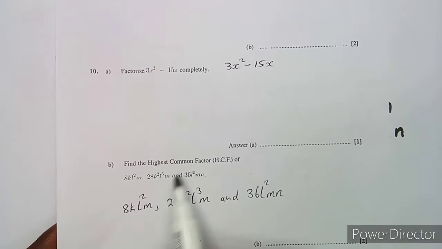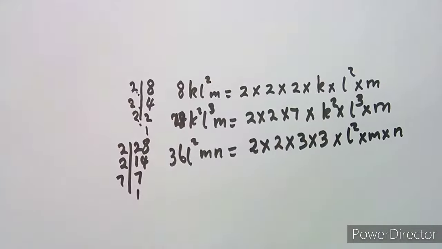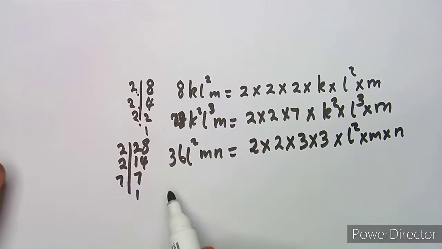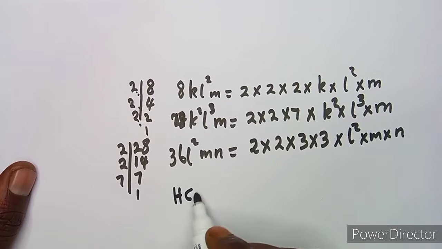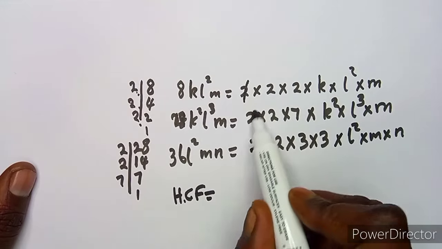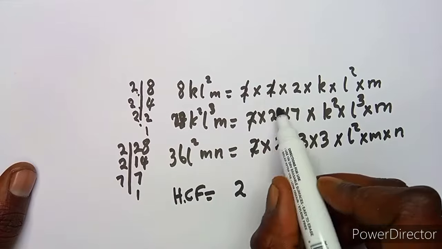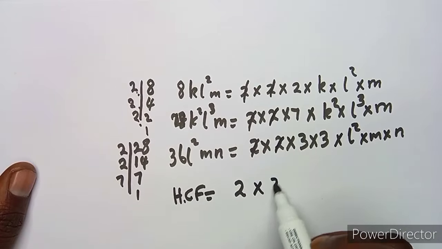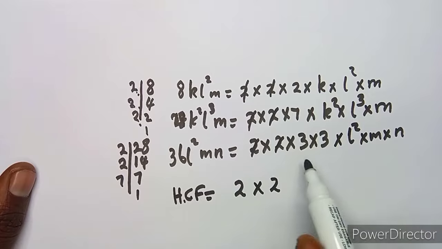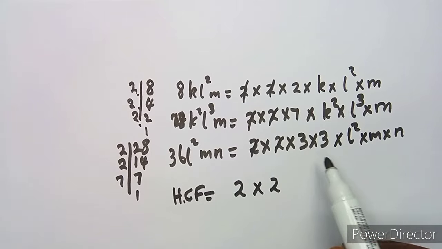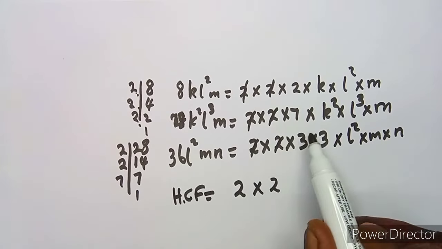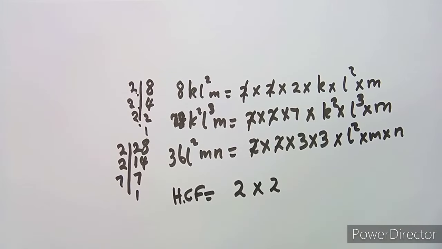So remember, here we are supposed to obtain the HCF, which is the highest common factor, and I told you guys that the highest common factor is common throughout. So talking of these numbers, we've got 2, 2 and 2 is common throughout. We have got 2 again, which is common throughout. All right, as we can see on these numbers, we no longer have any number that is common. All right, we are done.